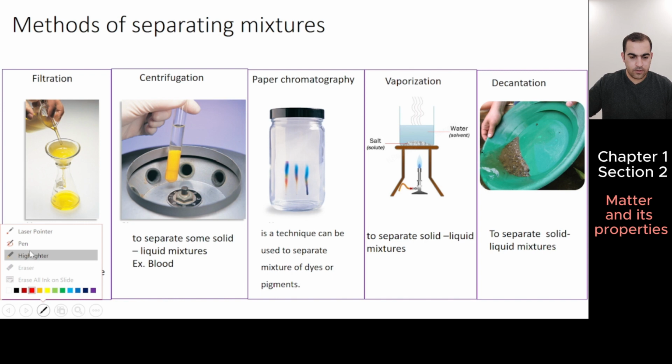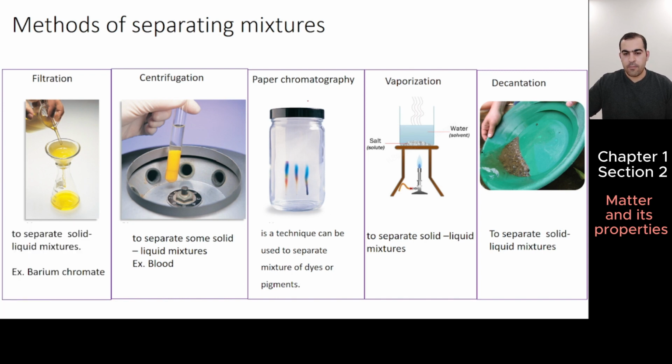Okay, paper chromatography. This is also a method to separate dyes, pigments. So you need a paper. You're going to add some water until here. So you put some drops of dyes, pigments.